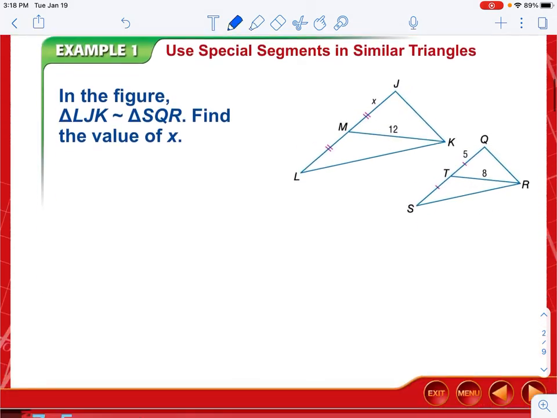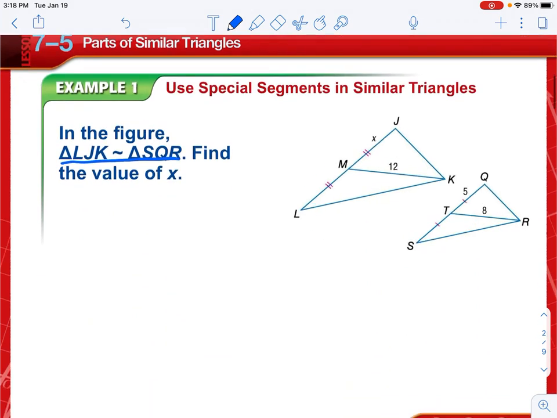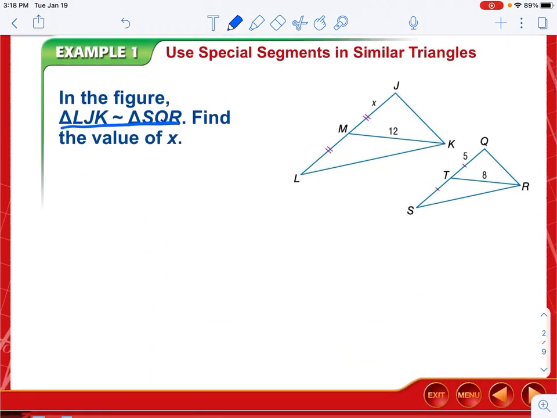So let's try one. Here we have a median. Notice that these are similar, so we can find this value of x. Now, if you notice above, it does say corresponding side, so we're thinking the whole length of the side, right? Now, we can do that. We can do median 12 over 8 equals the whole length of the side.